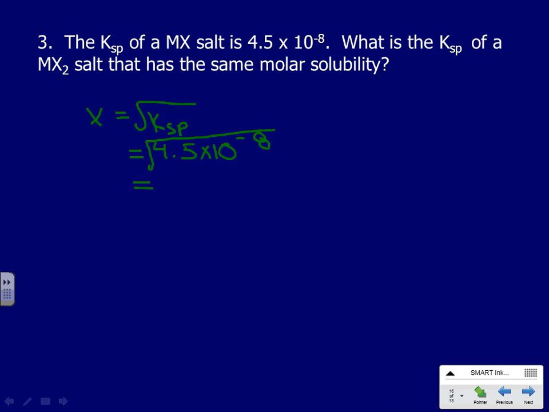Two significant digits. 3.3 times 10 to the minus 4. 10 to the minus 4. You didn't do your estimation, did you?